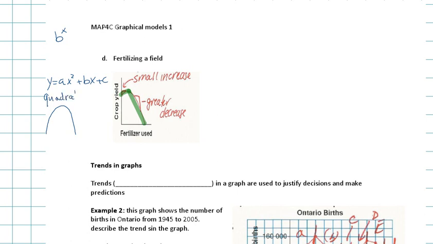Okay? So this is a quadratic. In quadratic, we see an increase and then a decrease, or the other way around. Sometimes you see a decrease and then an increase.